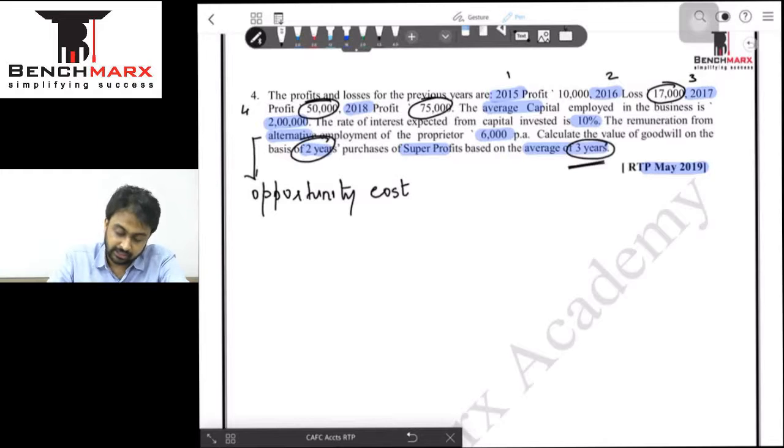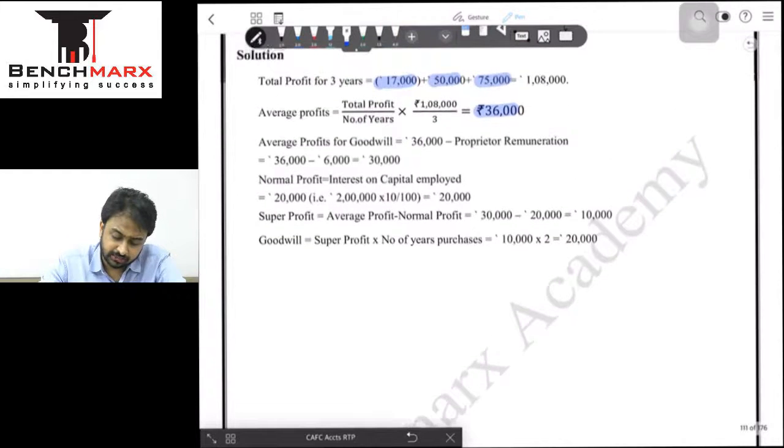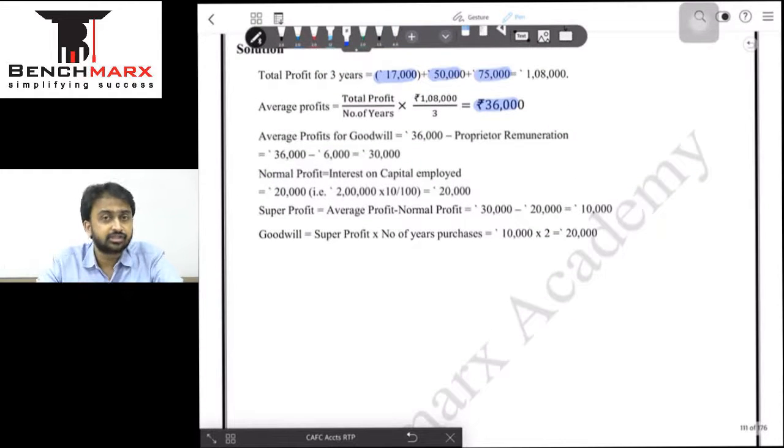So negative 17, 50 and 75 are the numbers that need to be taken for the average profits computation. Once we get the average profit, that appears to be 36,000. As I said, 36,000 is simply the average, and this is nothing but the existing current profits.